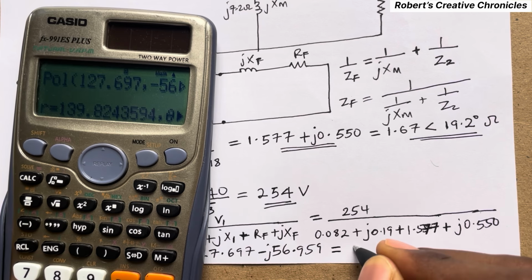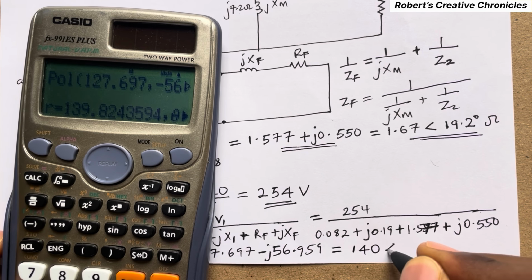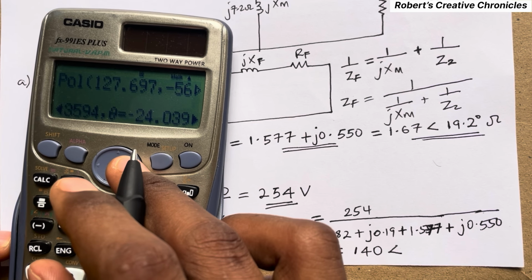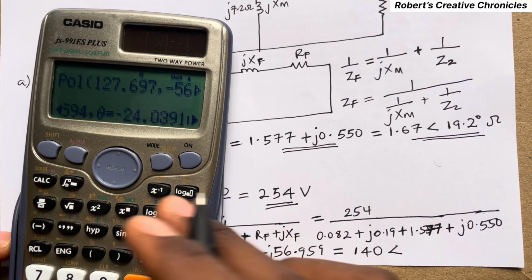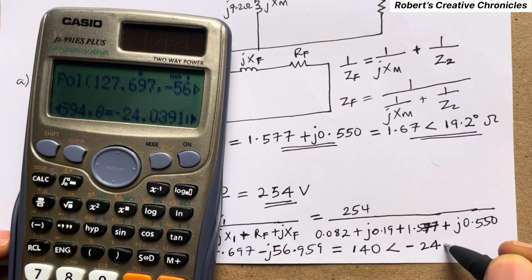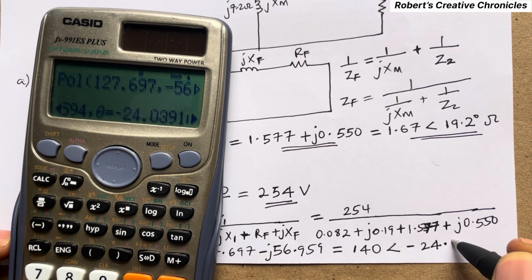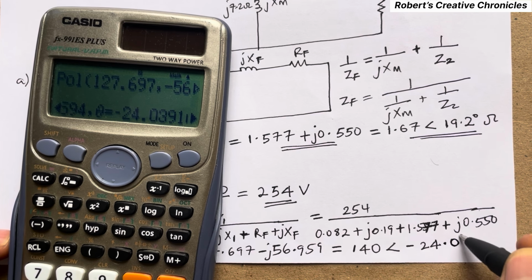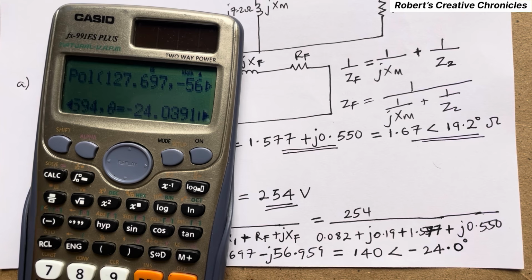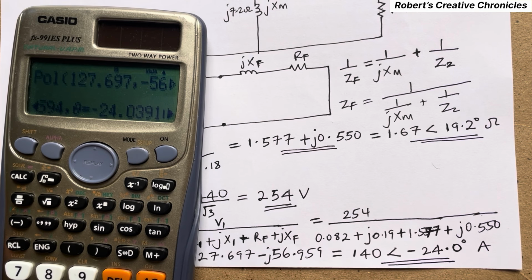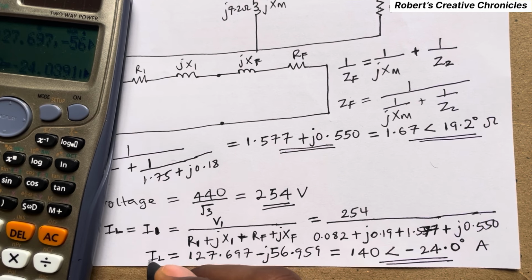So this is equal to 140 with an angle of negative 24.0 degrees, in amperes. So this is the final answer, the line current.